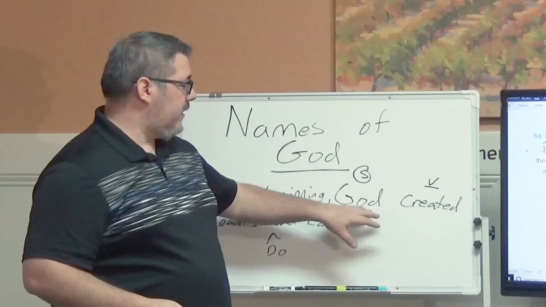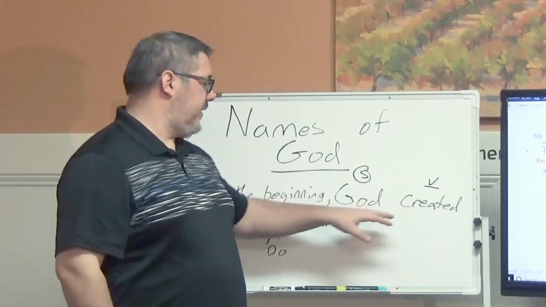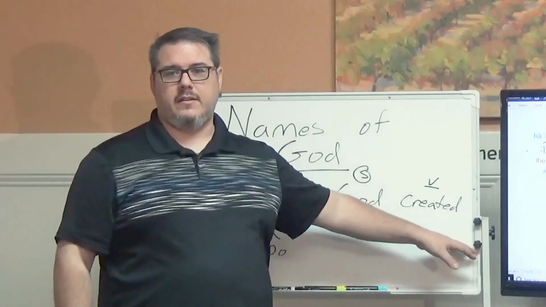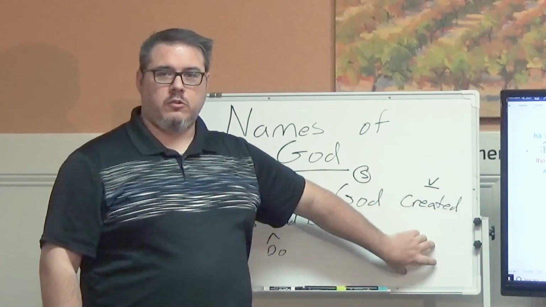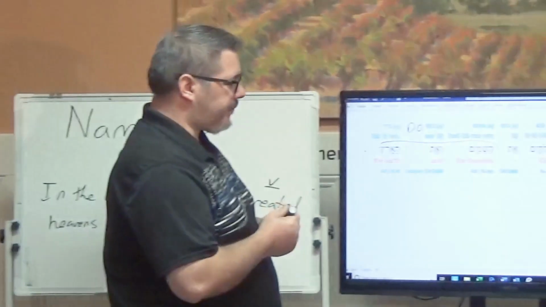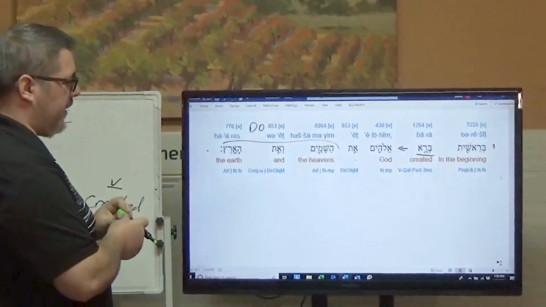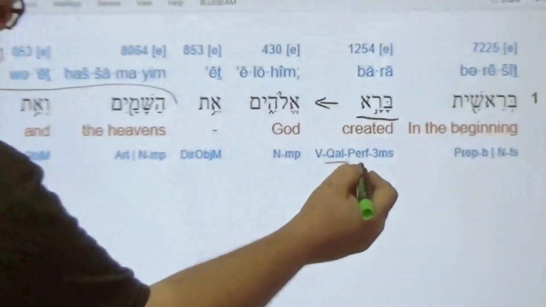So, God created in Hebrew would look different than they created, because one would use a singular verb, the other would use a plural verb. If we look at this scripture, in fact it shows us right now that this is the call perfect.